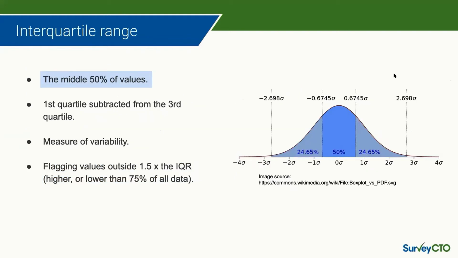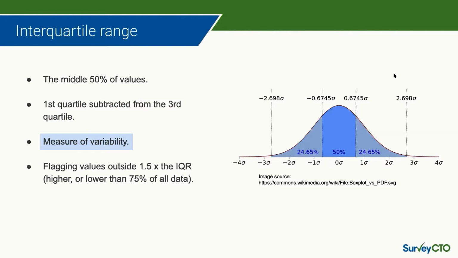More on outliers. In our proposal to you, we're suggesting that you use the interquartile range of a given value to identify outliers. The interquartile range is the middle 50% of values in a dataset, excluding the lowest 25% and the highest 25%. You can arrive at this statistic by subtracting the first quartile from the third quartile.